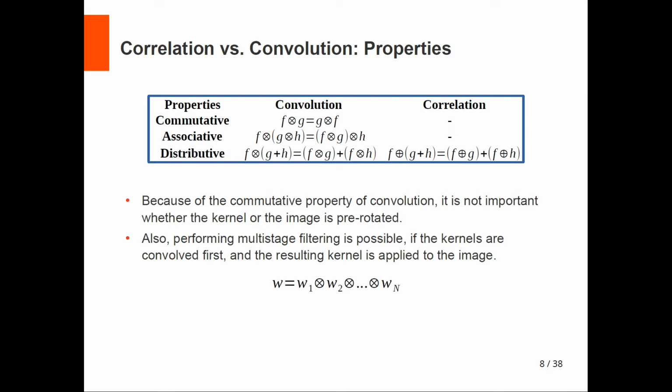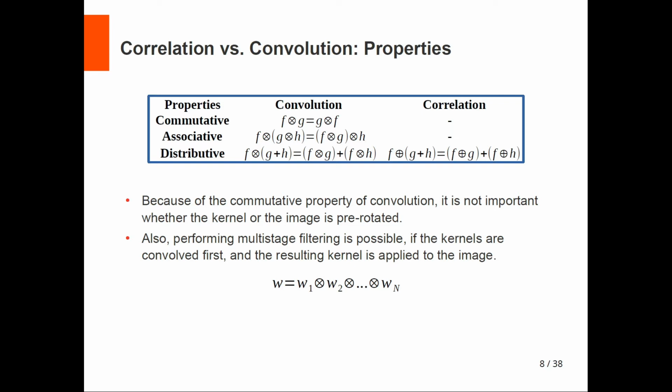Because of the commutative property of convolution, as I said, it's not important whether the kernel or the image is pre-rotated. Also, because of both the commutative and associative property of convolution, you can perform multi-stage filtering by simply convolving all the kernels first and then filtering the image using the result of the convolution of all the kernels.